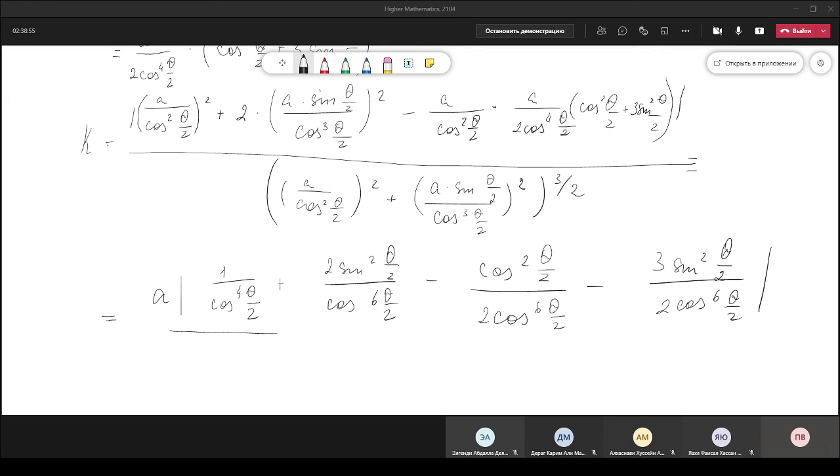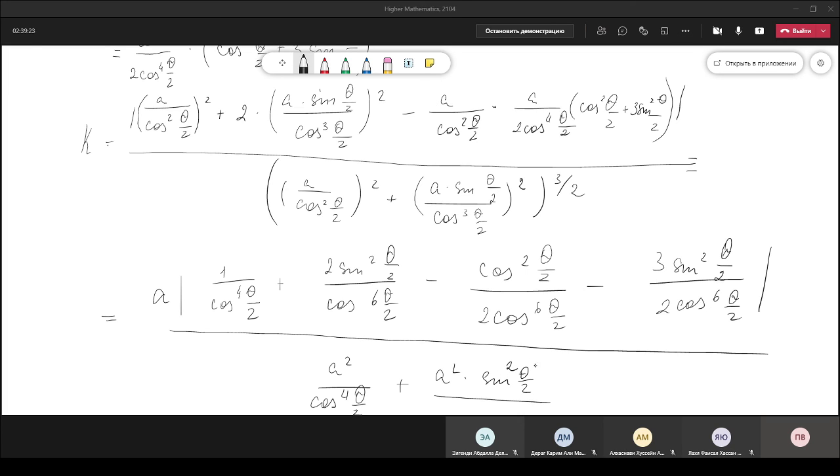Modulus. Here a squared over cosine power 4 plus a squared times sine squared over cosine with power 6.